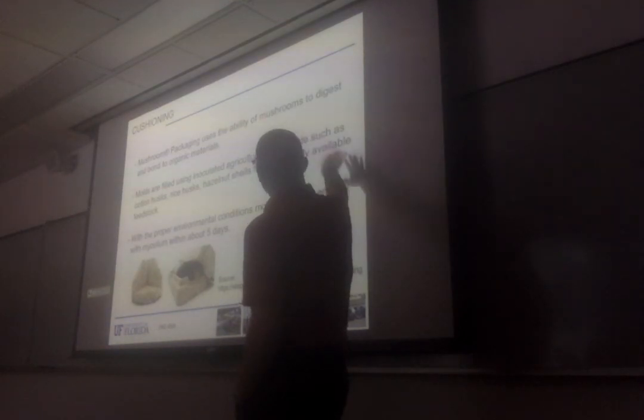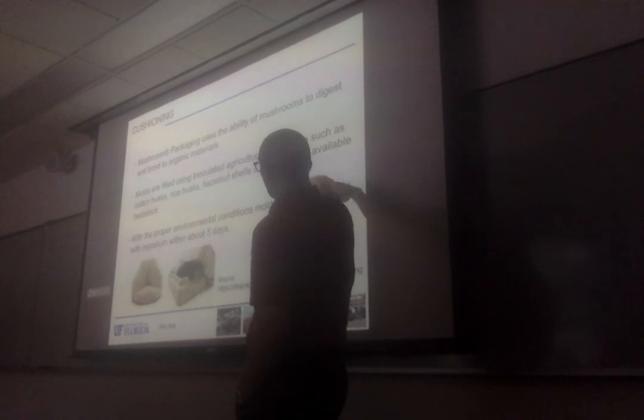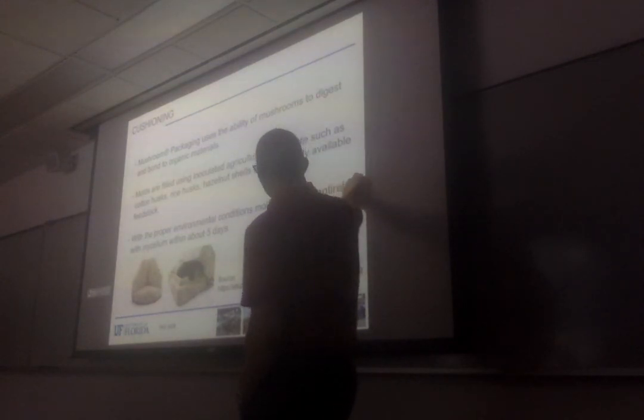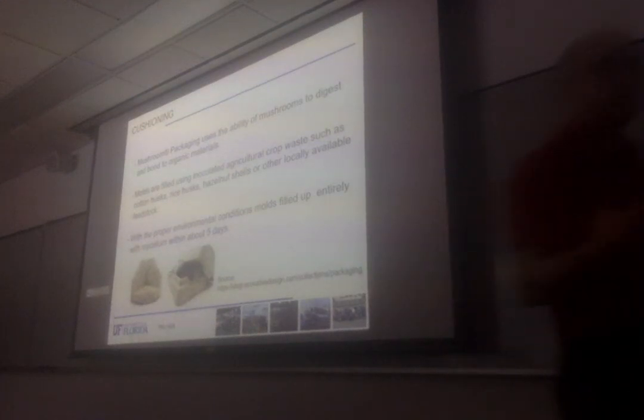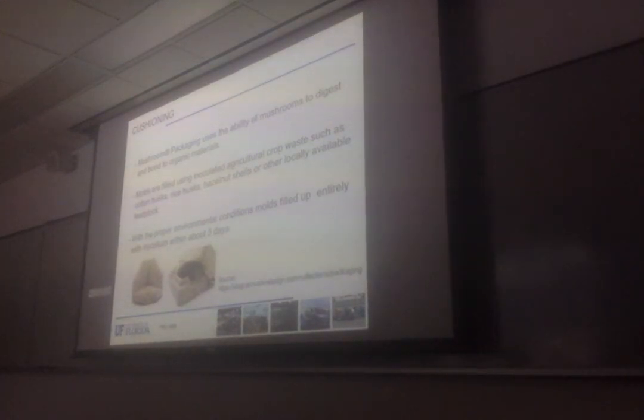They can be treated, then they inoculate it, put it in the mold, and then they grow. It takes about 5 days to grow. Then the mycelium itself is heat treated to make it inert, and you create that cushioning material that can be molded into different sizes.